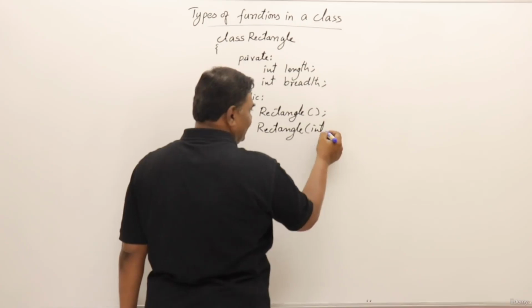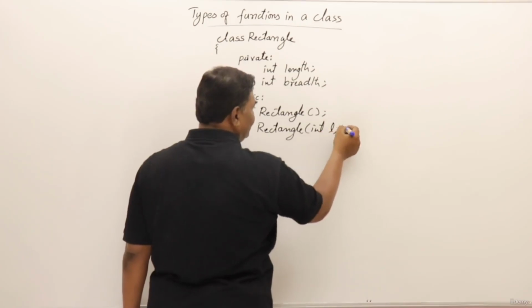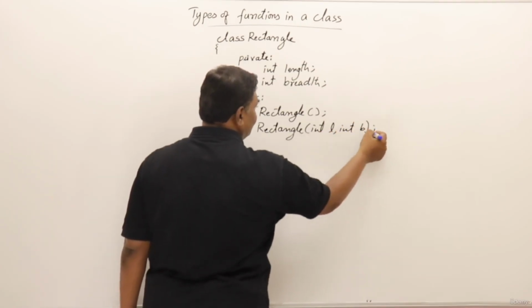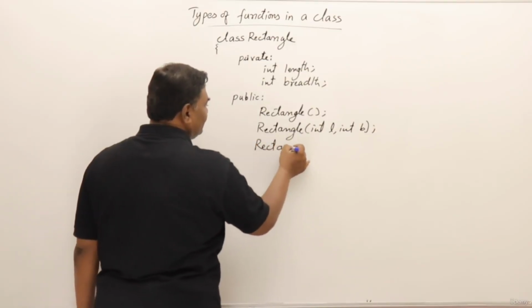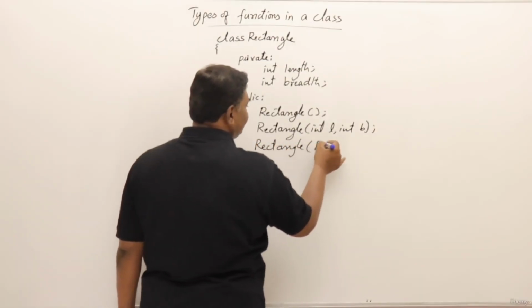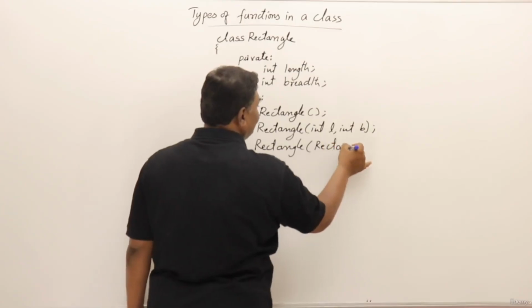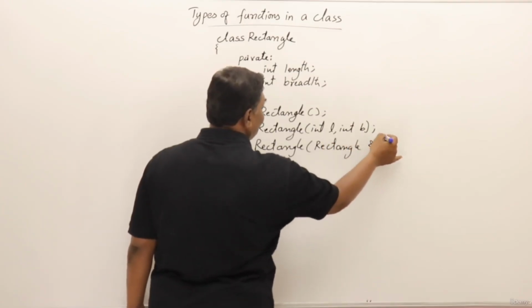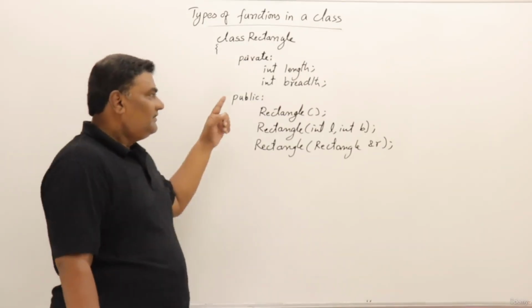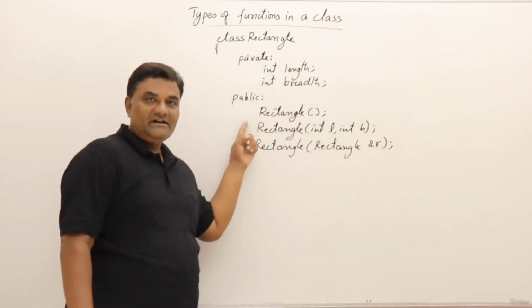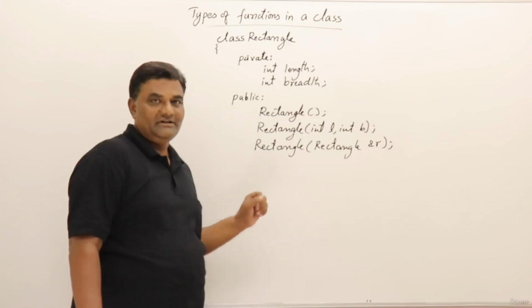I can just leave it and give a comma, otherwise I can give a name also, length and breadth. Then next is the copy constructor, that takes a reference of a rectangle itself. These are the three constructors: default or non-parameterized, parameterized, and copy constructors.